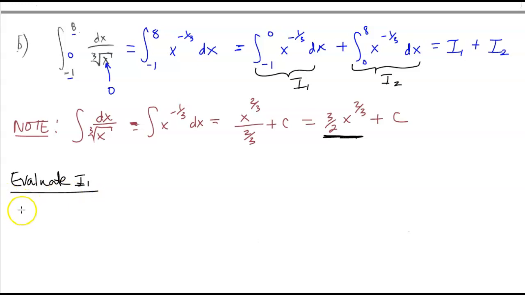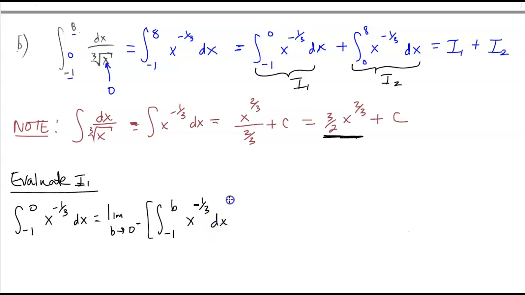All right, so we already know here that because this is an improper integral, we will have to rewrite this as limit as b approaches 0 from the left of the integral from -1 to b of x raised to the -1/3 dx.